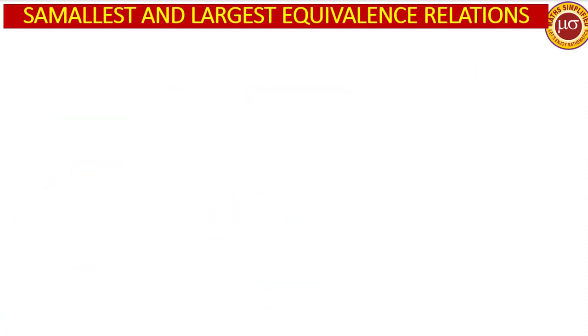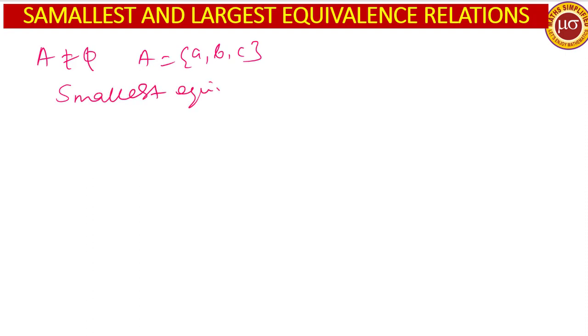Okay. Next we are going to the smallest and largest equivalence relation. Obviously, the smallest equivalence relation on a non-empty set A is what? I am taking a simple example. Let A be {a, b, c}. So what is the smallest equivalence relation?